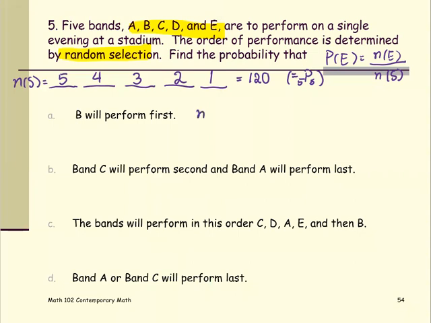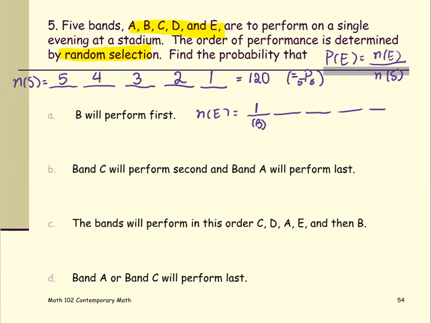From this, part A: band B will perform first. If you look at N of E by making a list of 5 positions, the first one has to be band B. That means for the first one you have just one choice. The second, third, fourth, and fifth performances will be the other 4 bands.